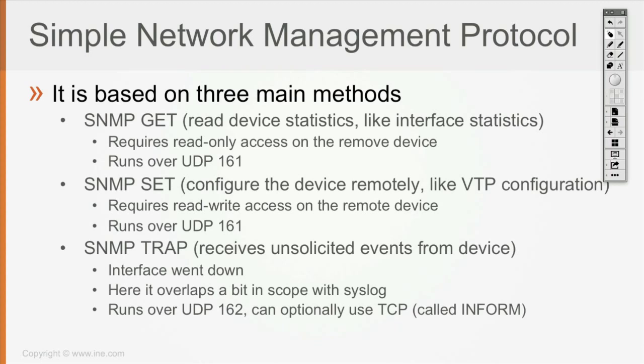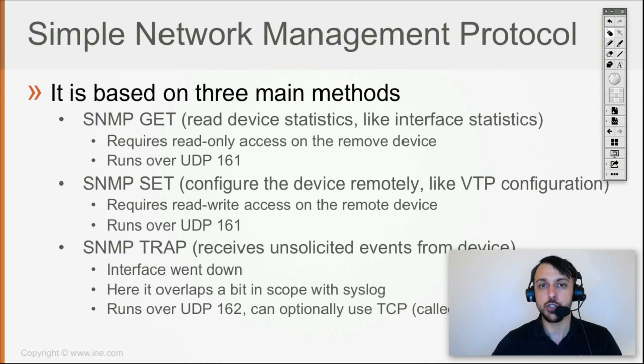Likewise, speaking about traps, why would you want to run traps over TCP, which is going to be called an inform? For the same reason as we were speaking about syslog, because if the agent has to urgently signal to the manager that something happened, you would want the manager to be able to acknowledge the receipt of the message.